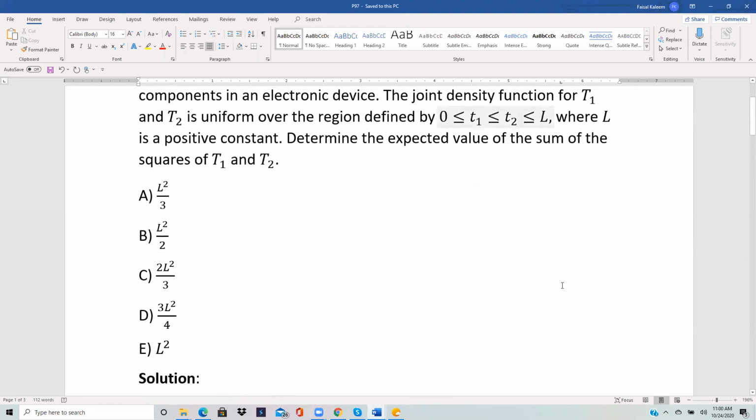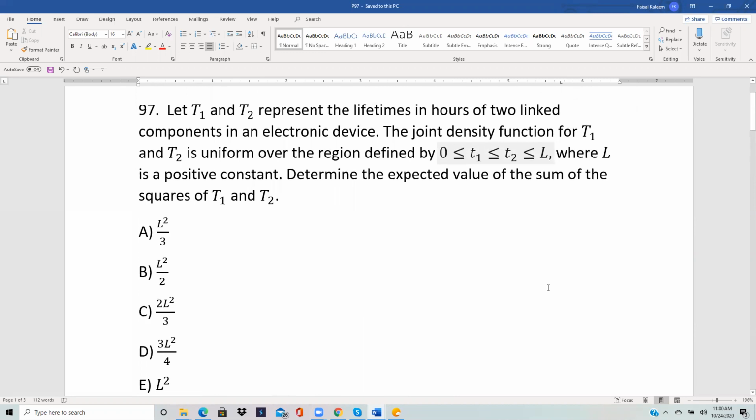Since we are told that the joint density is uniform over this region, whenever the joint density is uniform or constant over a region, then it's just equal to the reciprocal of the area of the region.